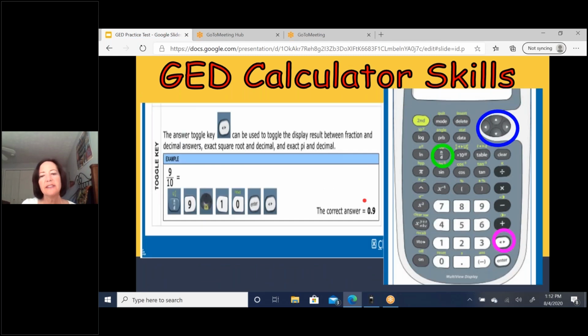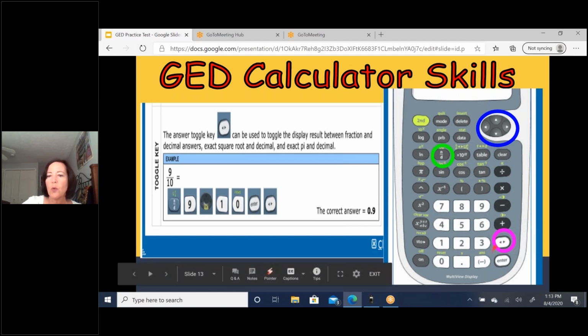The toggle key, this can be a really helpful button. It is circled in purple, bottom right of the screen, right above enter, which is the same thing as equals. Sometimes your calculator, because we can now input fractions into a calculator, might give you the answer as a fraction, and perhaps you need the answer as a decimal.